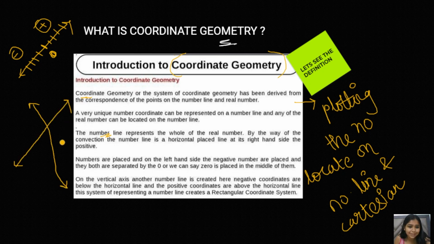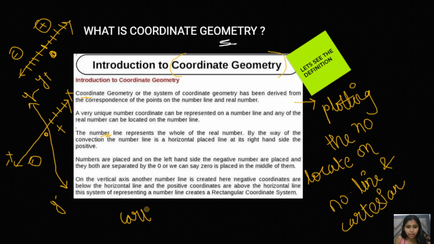There are two axes: the x axis and the y axis. There is an origin point, and we put the positive values on the right side and the negative values on the left side of the x axis. On the top there is y positive and on the bottom there is y negative. This is what we call the Cartesian plane.